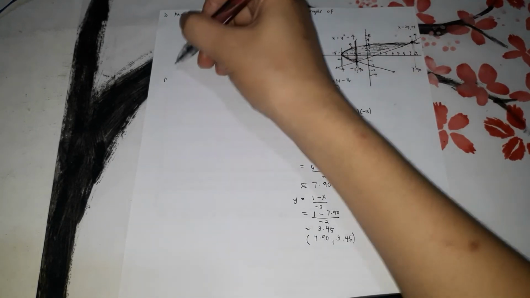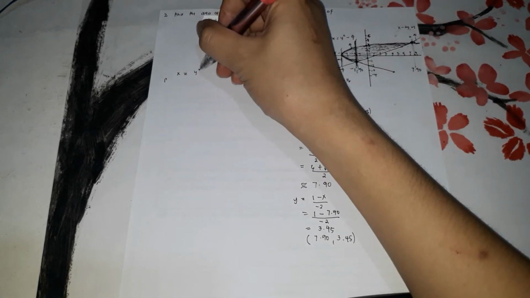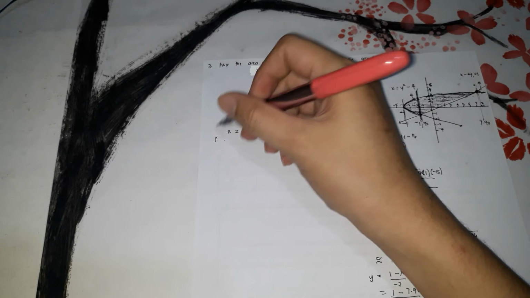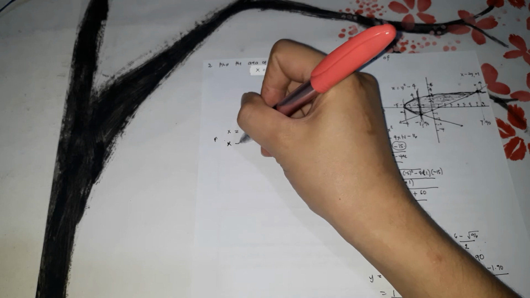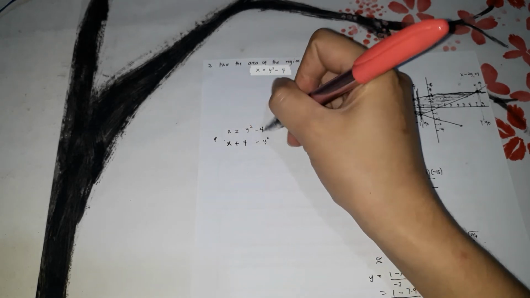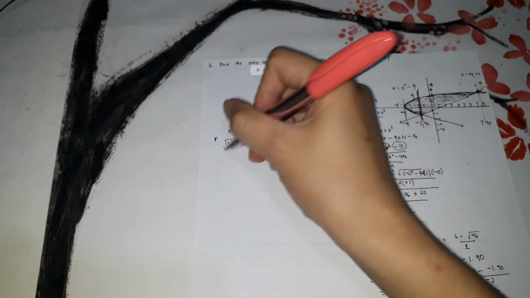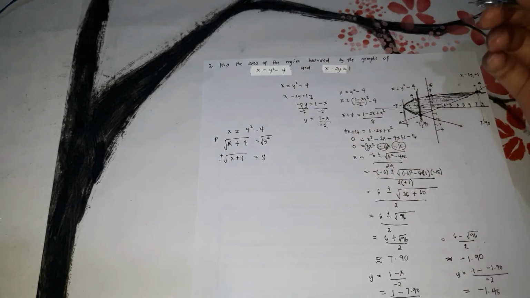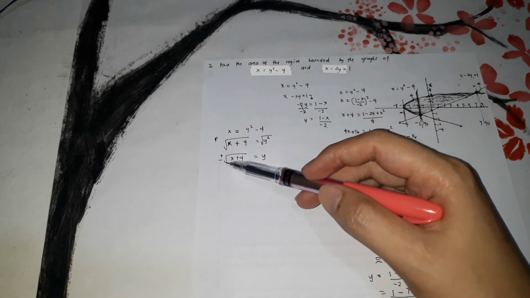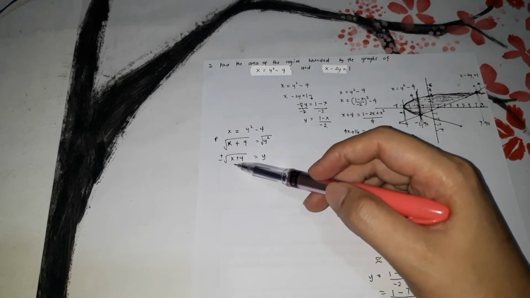So what we're going to do first is, again, dapat y is equal to blank. So x is equal to y squared minus 4. Ilipat natin si 4, so x plus 4 is equal to y squared, square root. So y is equal to positive or negative square root of x plus 4, because the square root of a number is positive or negative.